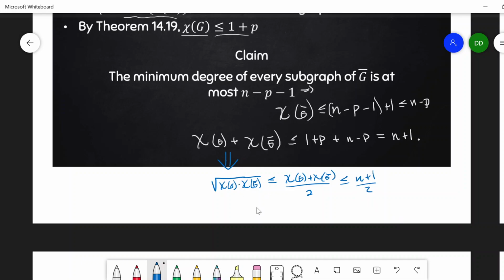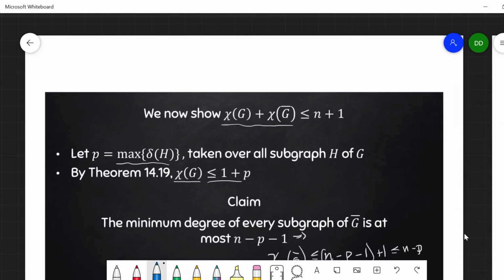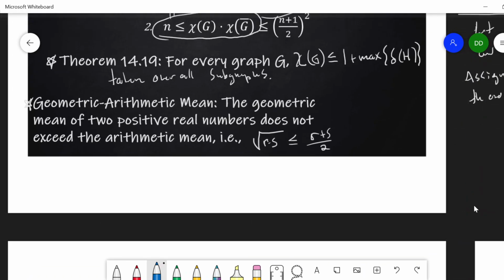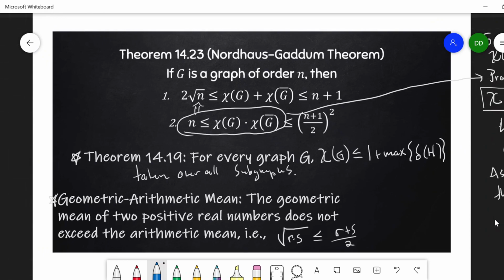Squaring this yields chi of G times chi of G bar less than or equal to n plus 1 over 2 squared. And that finishes the proof. Now we have all of the bounds that we set out to prove originally. So we have some nice information about how the chromatic number of a graph and the chromatic number of its complement interact with each other through sums and multiplication.